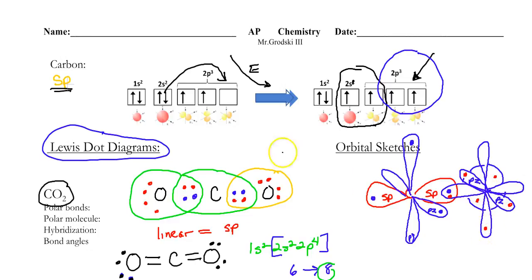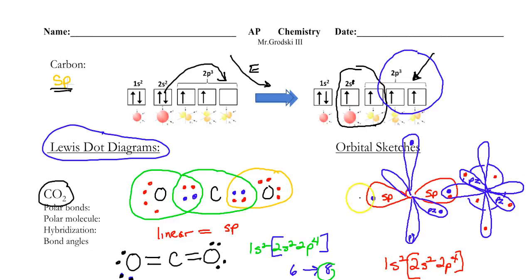I counted 6 valence electrons. Now, if you're not following me, what's oxygen? It's 1s2, 2s2, 2p4. It's got 6 valence electrons. It's got 4 in its p. Count with me: 1, 2, 3, 4, and 2 in its s: 1, 2. Now let's draw the other side.